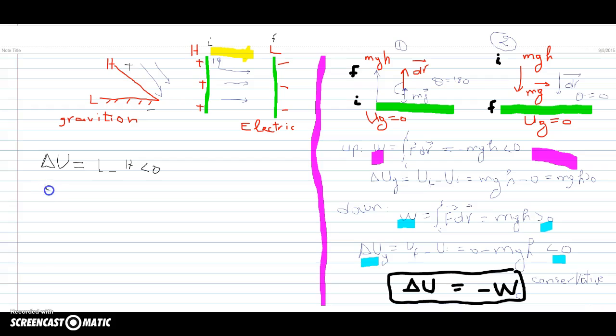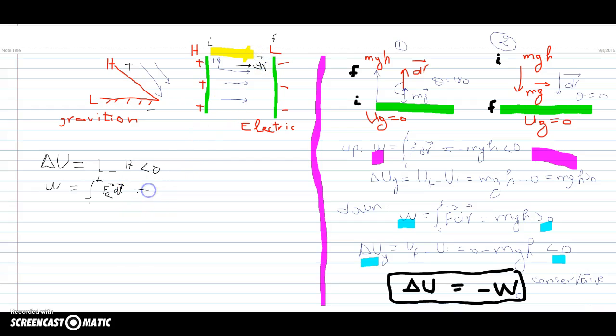What about the work? The work of the electric force will be the same, the integral from initial to final, that means from high to low, of the force, now electric, not gravitational, dot dl. Notice the field is this way, and dr is also this way, so they are in the same direction. That means the angle is 0, and cosine 0 is 1.